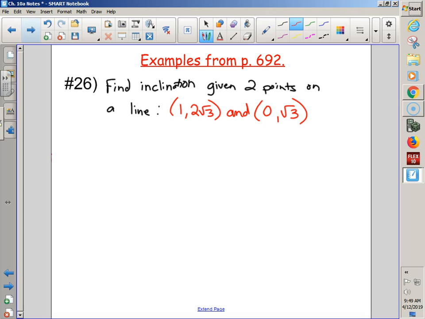So how about this guy? Find the inclination given 2 points on a line. It's not as easy. I can't just plug in an M, but what can I do? Can't I find my M and then plug it in?